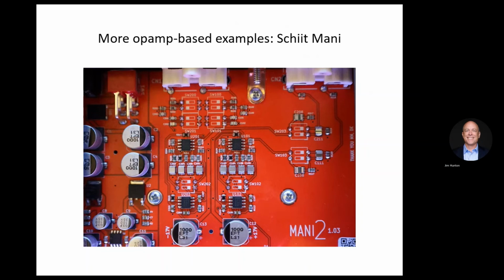Output, okay, not great. Now, all this area is regulation. The nice thing about this design is that there's no switch mode power supply inside. It's actually a linear power supply.